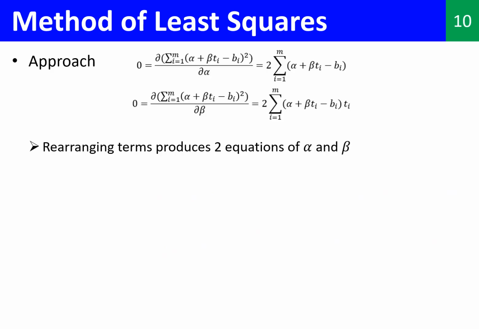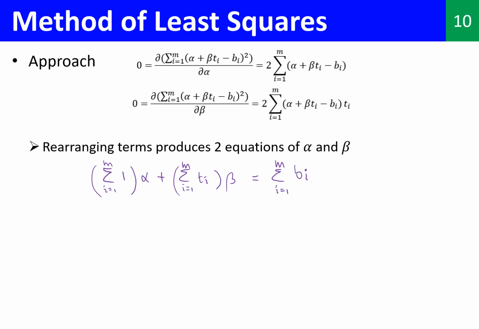We can rearrange the terms of these equations and obtain the following. So we have the summation of 1 times alpha plus the summation of ti times beta, and this would be equal to the summation of bi.